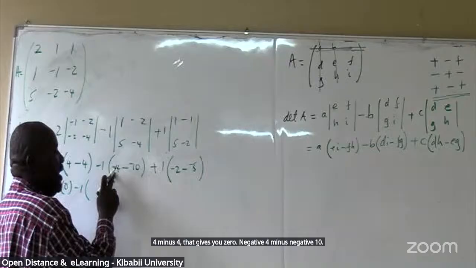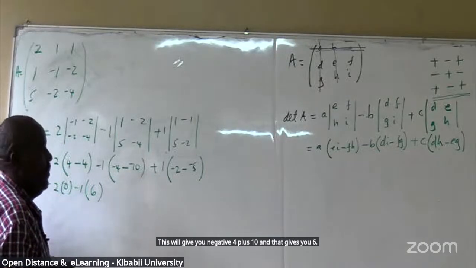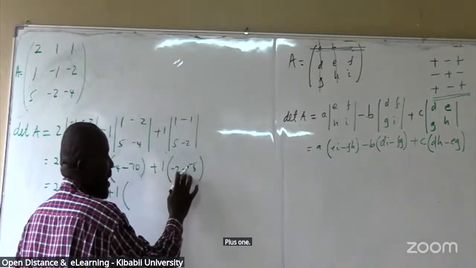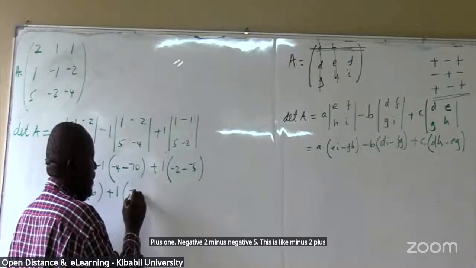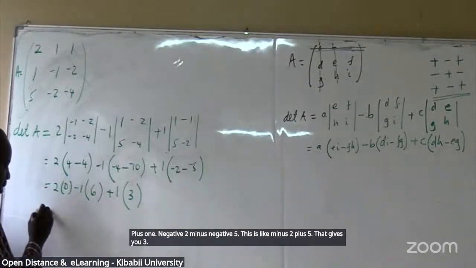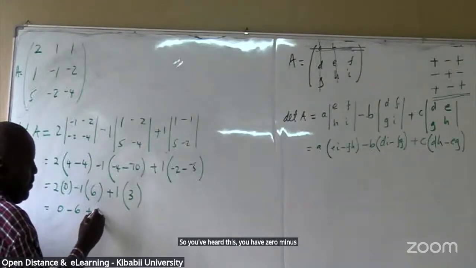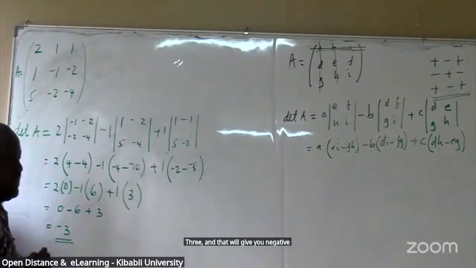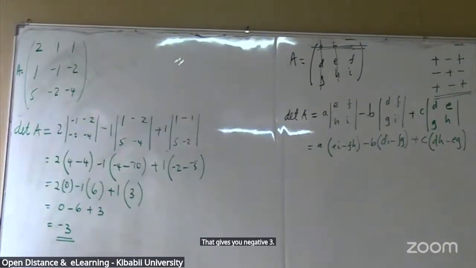This will give you negative 4 plus 10, and that gives you 6. Plus 1 times negative 2 minus negative 5. This is like minus 2 plus 5. That gives you 3. So you evaluate this, you have 0 minus 6 plus 3, and that will give you negative 3 as the determinant.